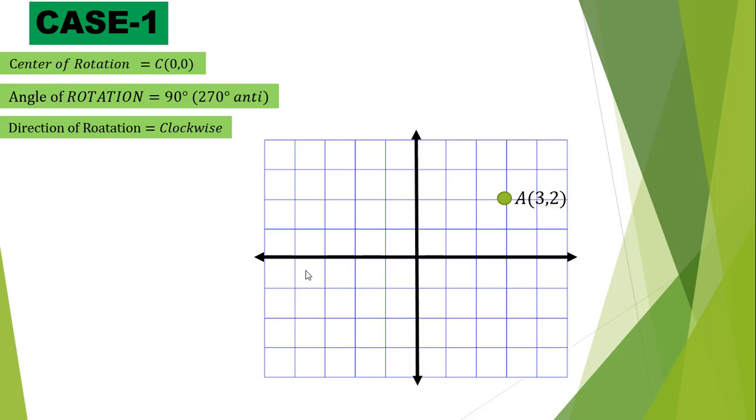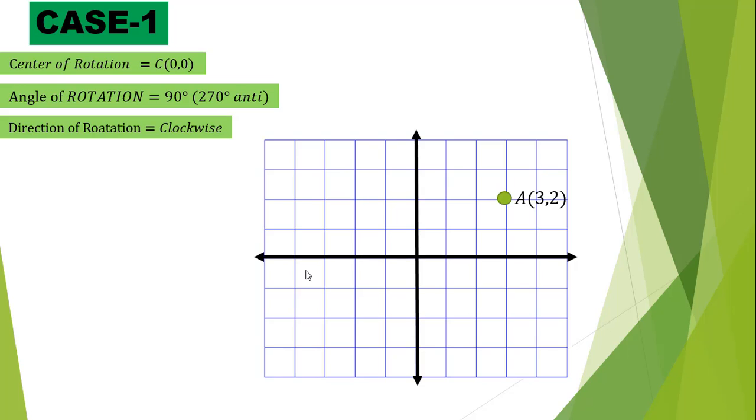Its angle of rotation will be equal to 90 degrees and its direction of rotation will be clockwise. This angle of rotation is very similar to saying 270 degrees anti-clockwise. Whether I say 90 degrees clockwise or 270 degrees anti-clockwise, they bring the figure to the same position.